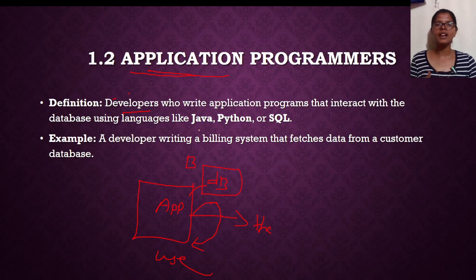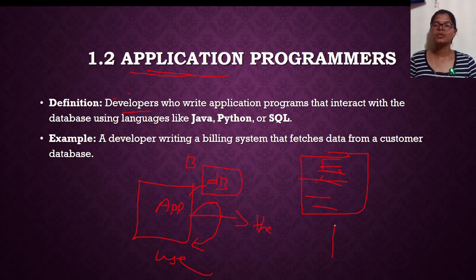So an end user like a student just logs into the app and is able to see their marks or attendance based on the requirement. Or take an example like an ATM machine. In an ATM machine there are features like withdraw, check balance, everything.